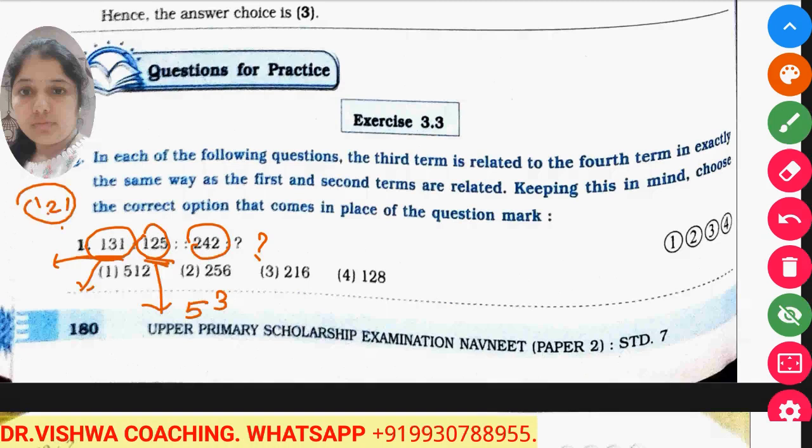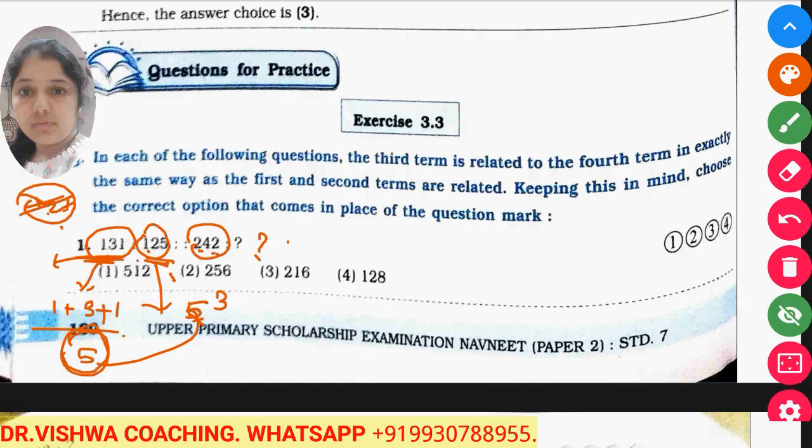121 is the square of 11. So there is no such relation of successive numbers' cube or anything. So think another way. 131 total becomes 1 plus 3 plus 1 becomes 5, and the cube of 5 is given to you as the next. So the addition of the digits, whatever number you got, its cube is related to this.